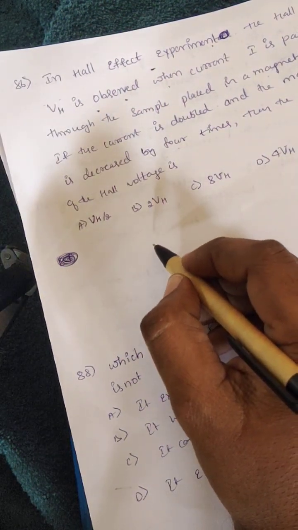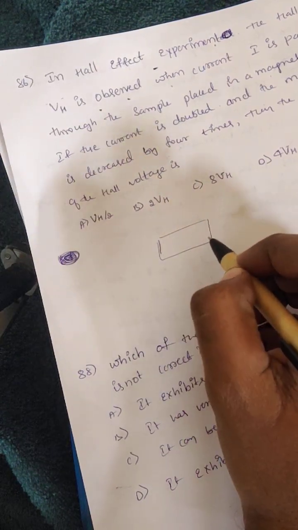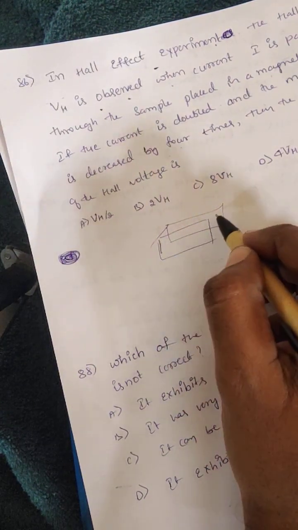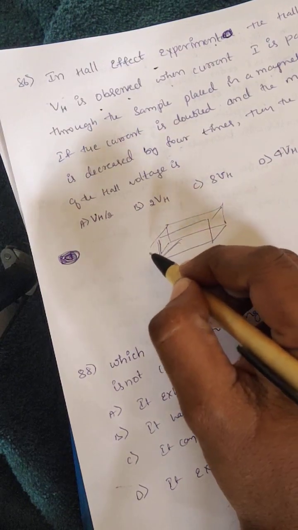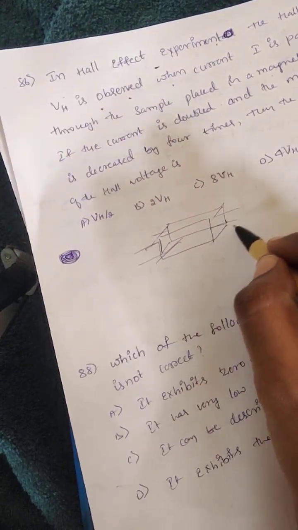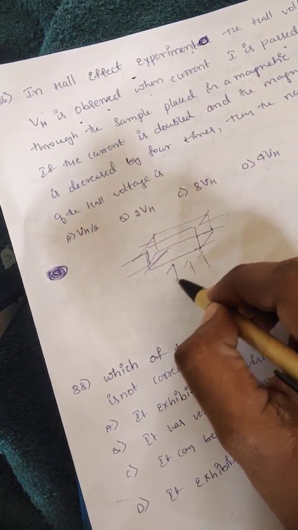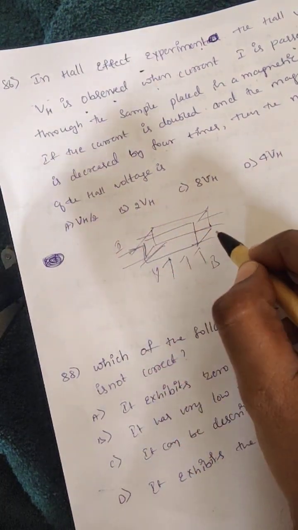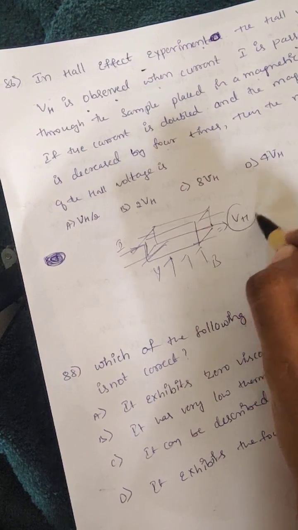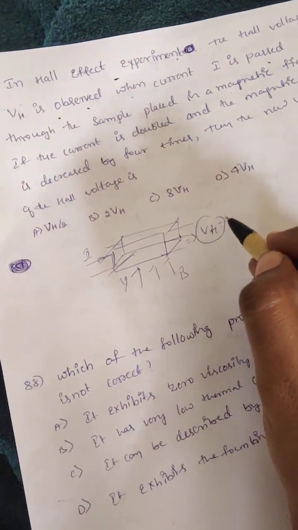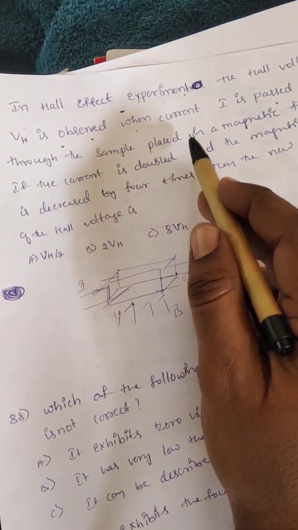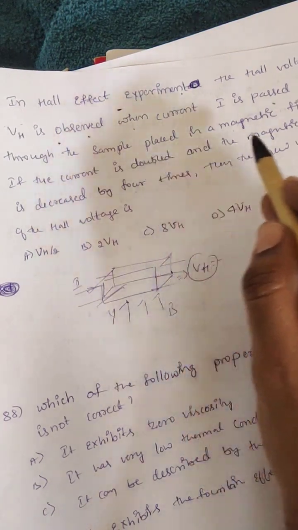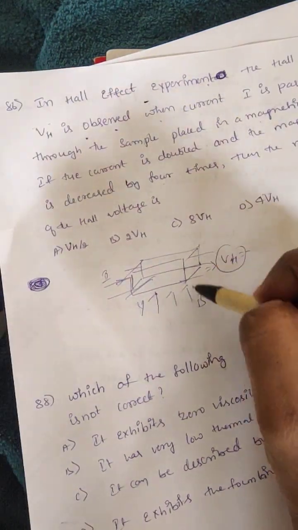Suppose we take a specimen, a sample. For this sample we apply a magnetic field and pass current I initially. Then the Hall voltage we observe is VH. This sample is placed in the magnetic field.